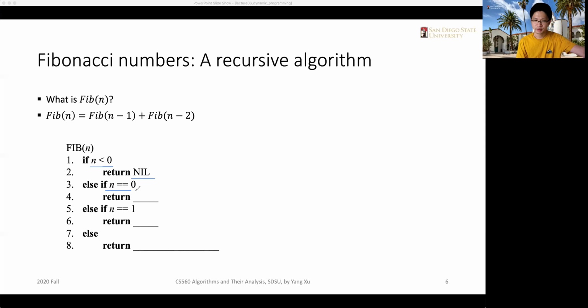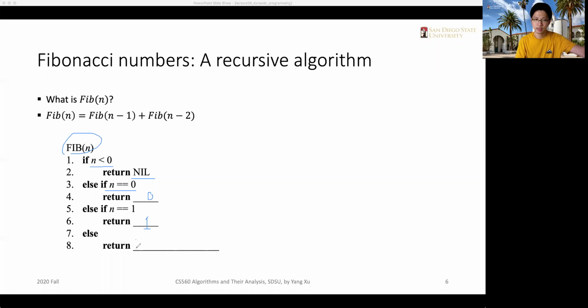If it's 0, which means we want to know the first Fibonacci number, then by definition, we know that the first number is 0, right? And if it's the second, then we return 1, right? All the other cases can be done by a recursive call to the function itself, right?